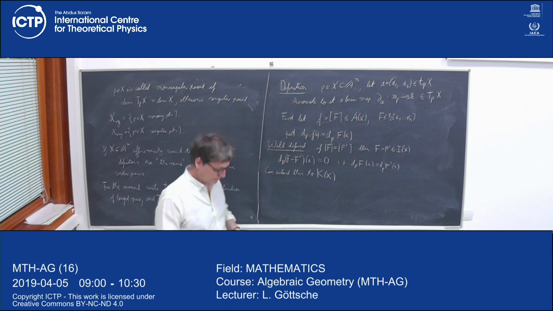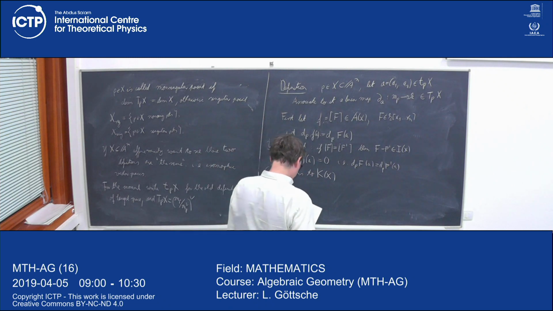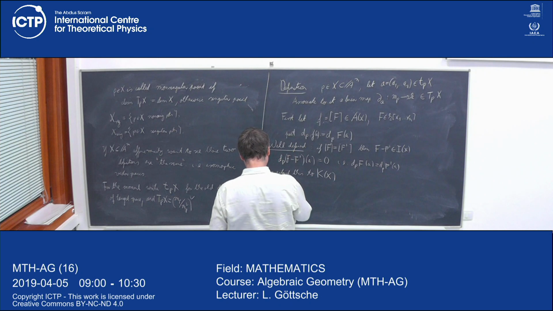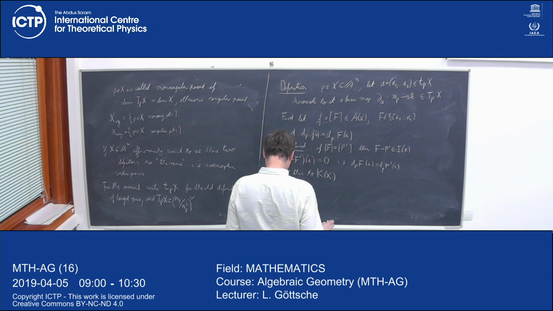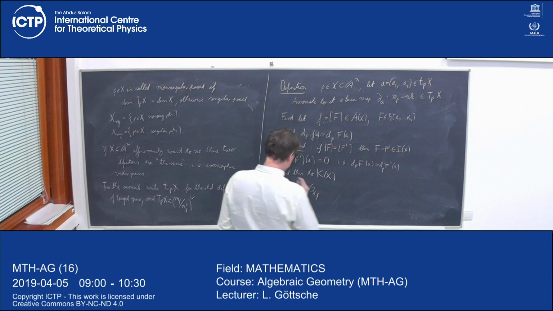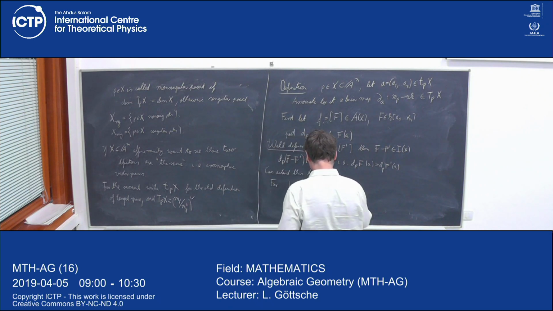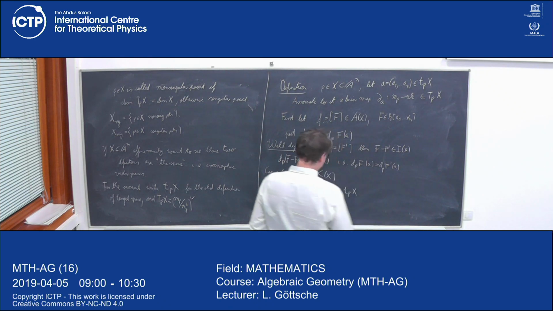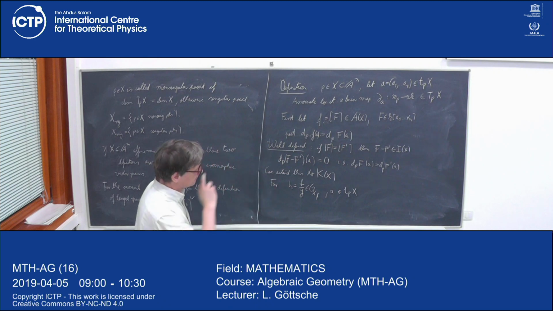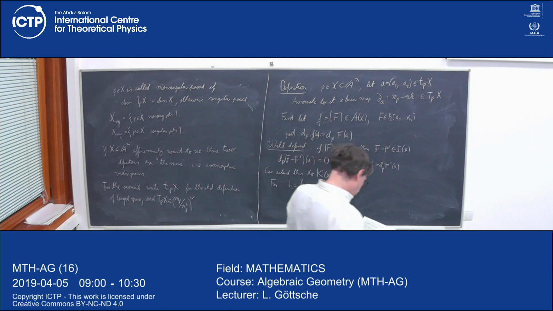And then one would have to see that this makes sense. So maybe I just do it for elements in the local ring, for h equal to f divided by g in O_{X,p}, and A in the tangent space of x at p.